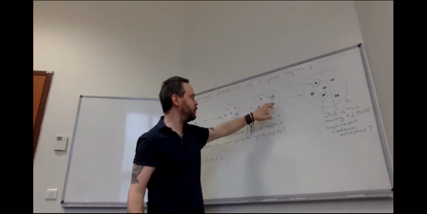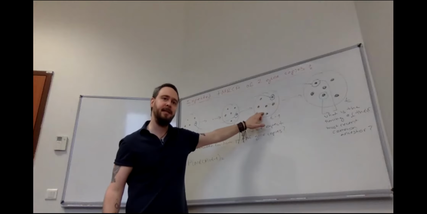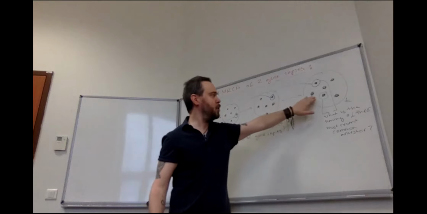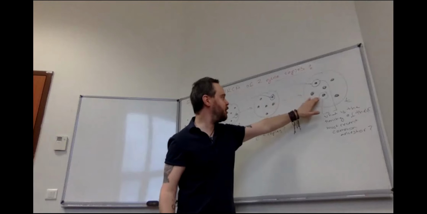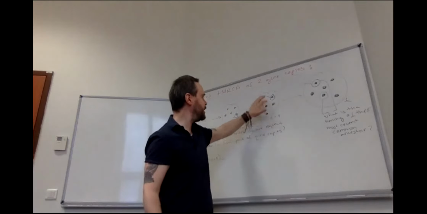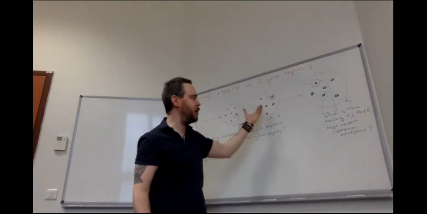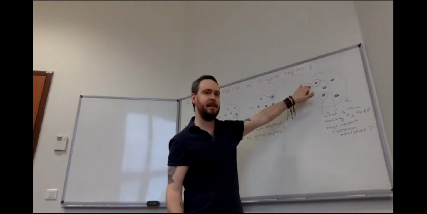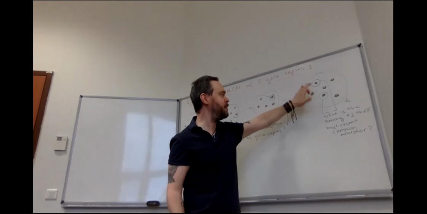Why is it 1/6? We have 1, 2, 3, 4, 5, 6 copies in the previous generation. And when you look at it, we don't have any bias. This gene copy could have descended from this gene copy, this one, this one, this one. It could have descended from any one of these. So the probability that it descended from the same gene copy as that other gene copy is 1/6.